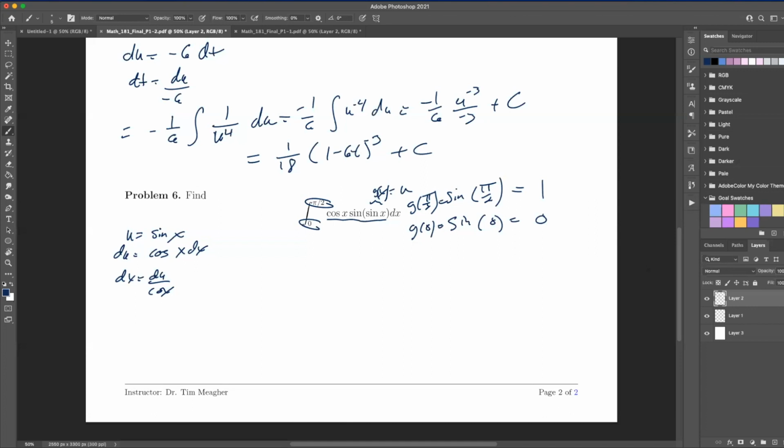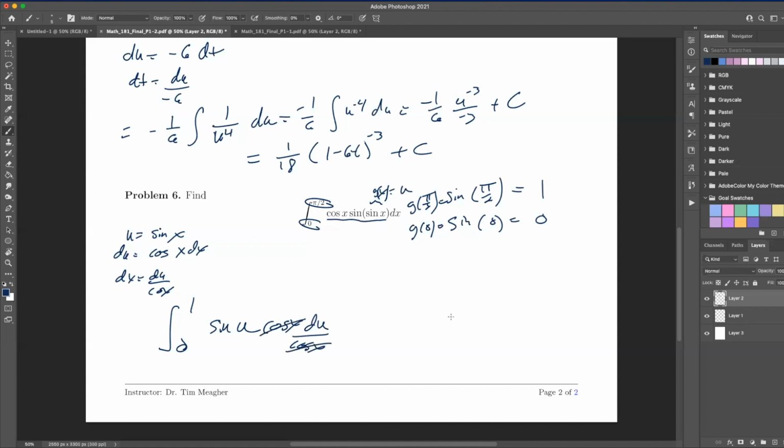You guys remember doing this? Yes, this is a -3. For those who are questioning my awful handwriting, yes, that was a -3. All right, so now we can rewrite all this. So here we write it with the new limits, 0 to 1, sine of u cosine of x over du divided by cosine of x.